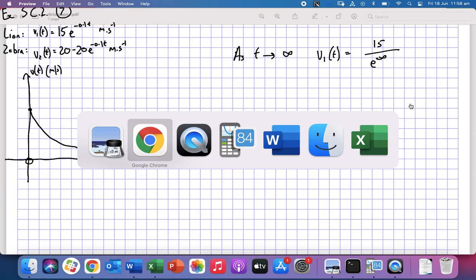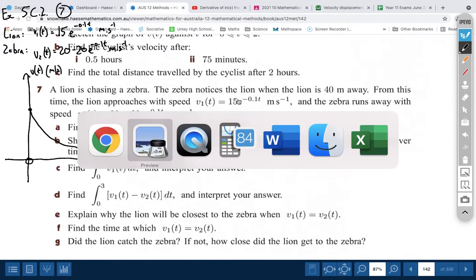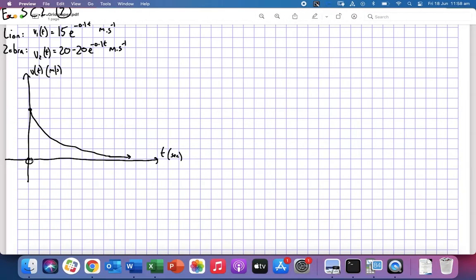Whereas the zebra has actually started stationary. We worked out that he started at 0, and he can get up to a maximum speed of 20.